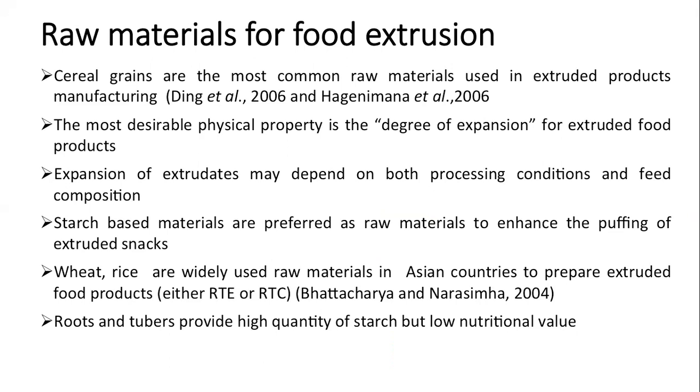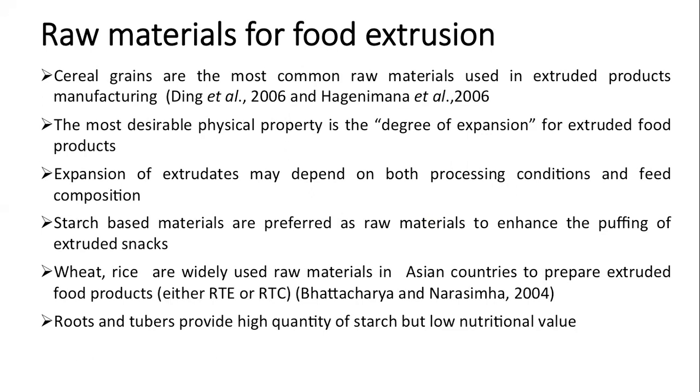I just wanted to remind you of some points, because we are moving to discuss some new area today. So it is important to remember the raw materials, and basically we use starch and flour, especially carbohydrate-based raw materials.